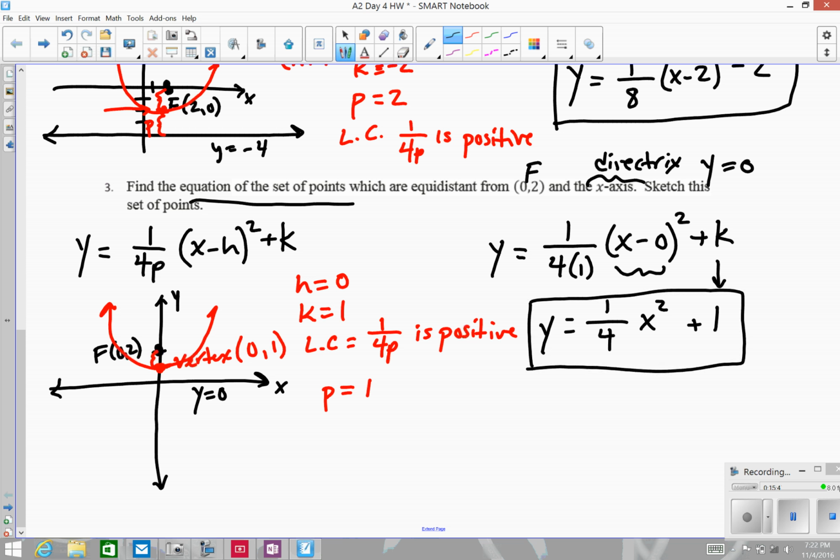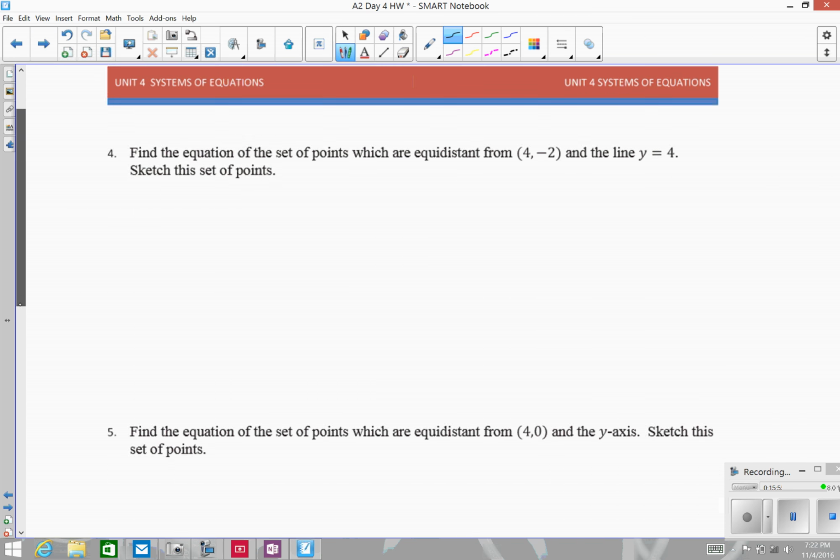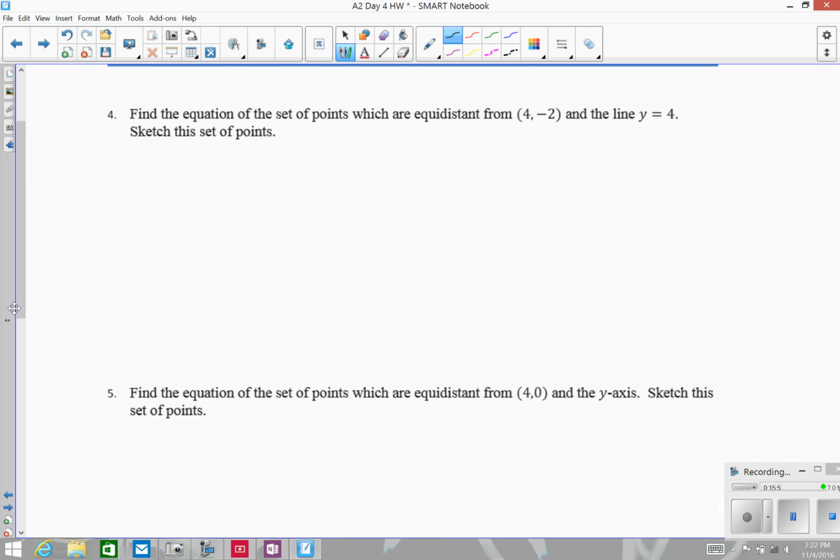And that's done. All right, if you're still watching, maybe you want to try the next one by yourself. We're on to number 4 on the back. We're finding the equation for the points equidistant from the point 4, negative 2. There's my focal point, and this line y equals 4. There's the directrix.